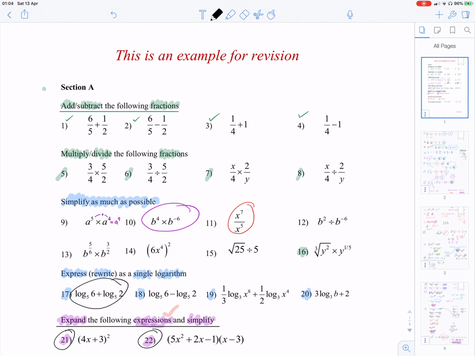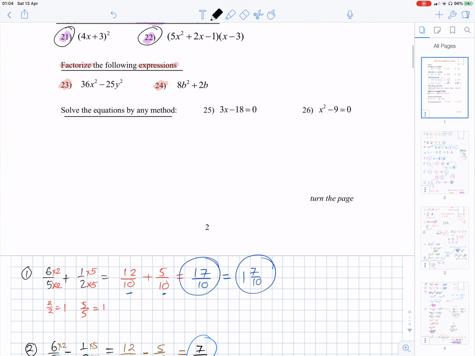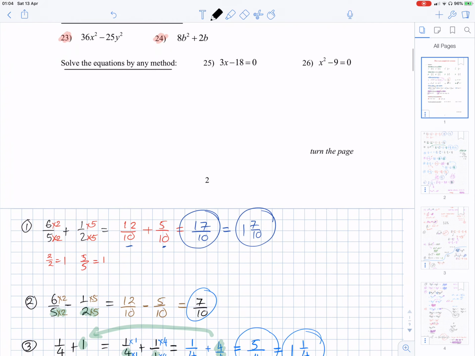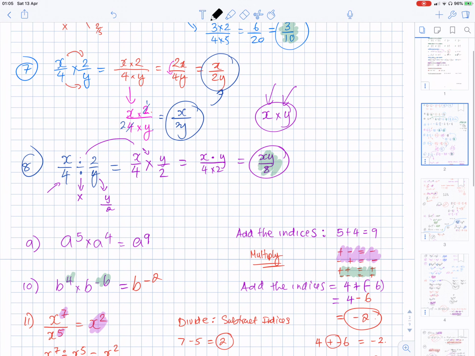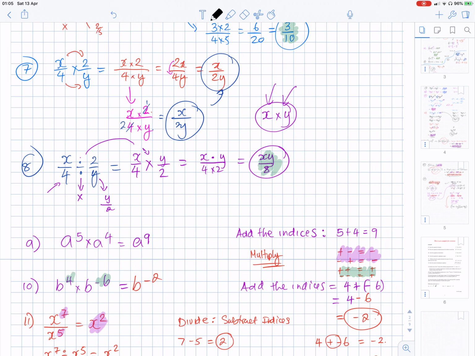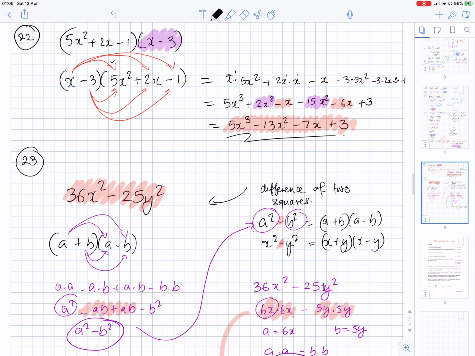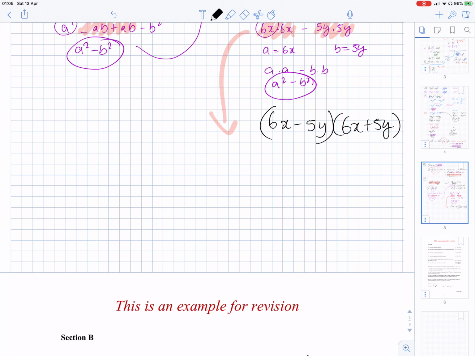Number 24 is 8b squared plus 2b. So 24, 8b squared plus 2b.